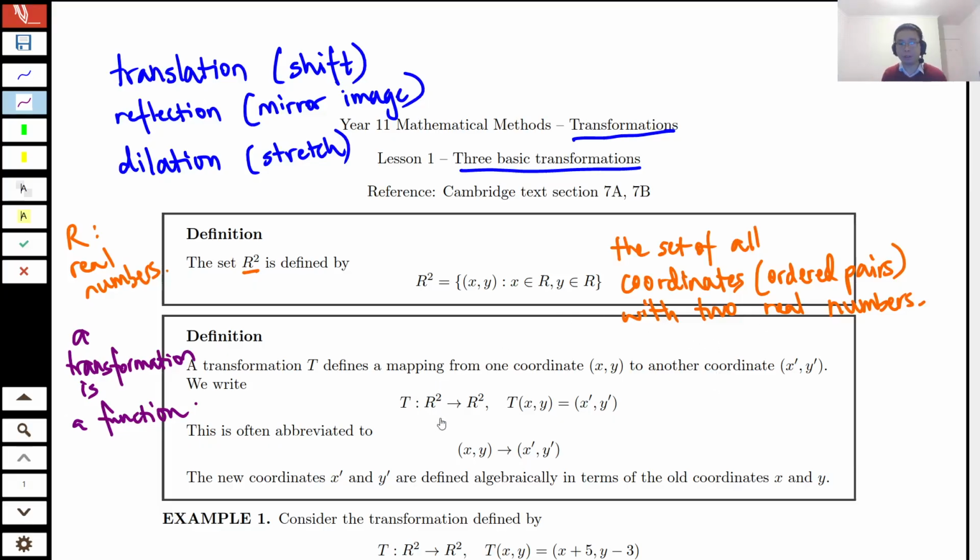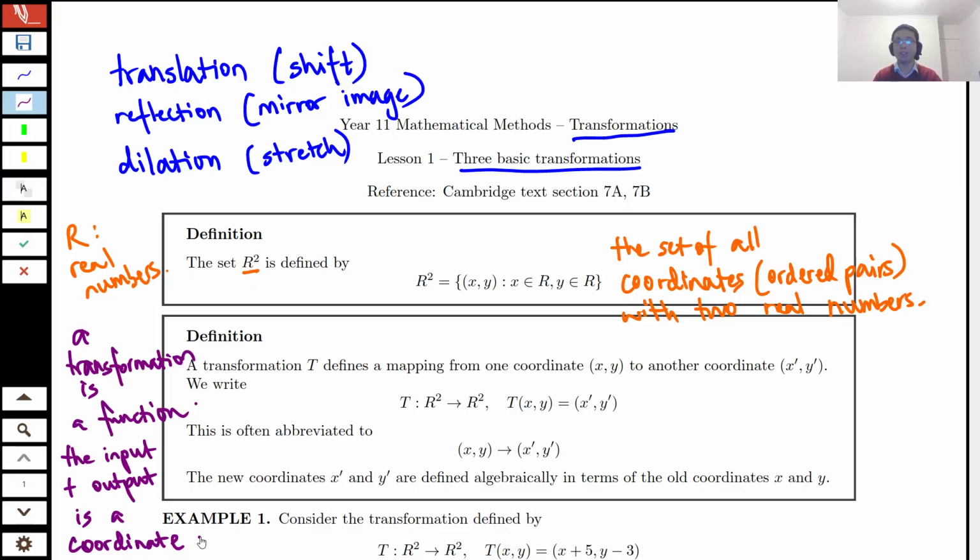Now, you'll remember that the set written on the left is called the domain, and the set on the right is the codomain, which contains the range. So, the input and output of a transformation is a coordinate.